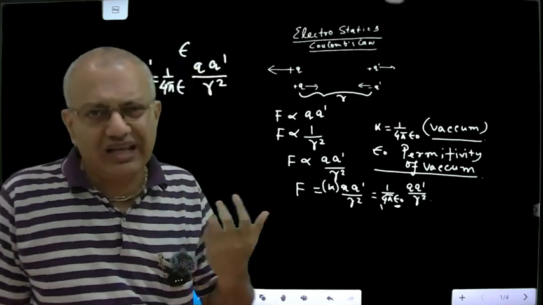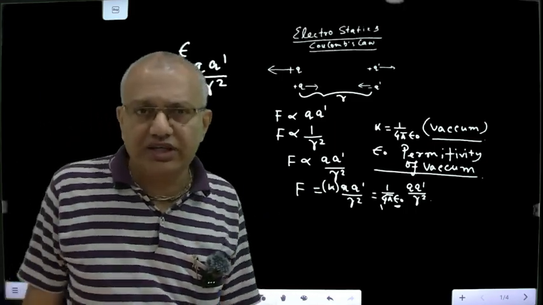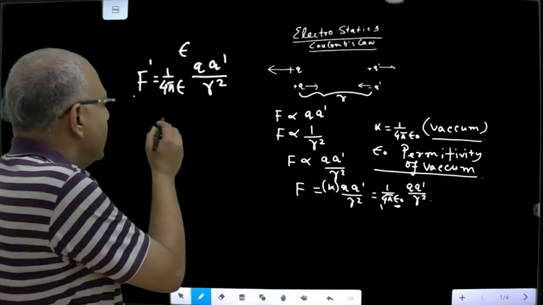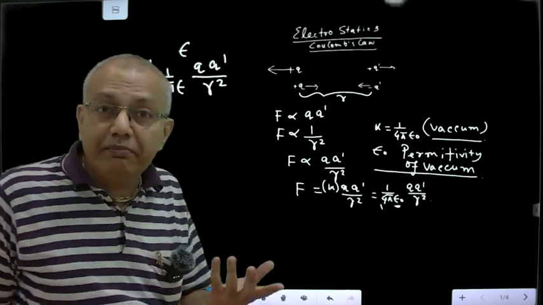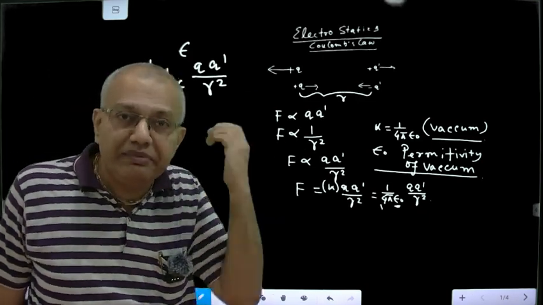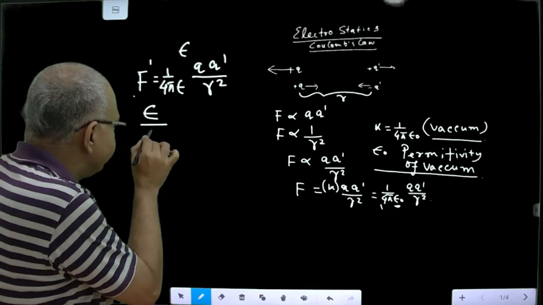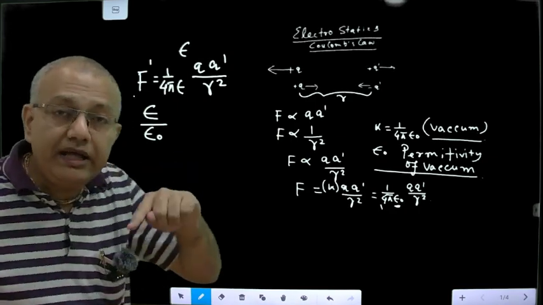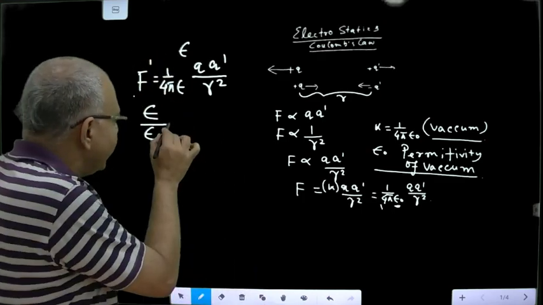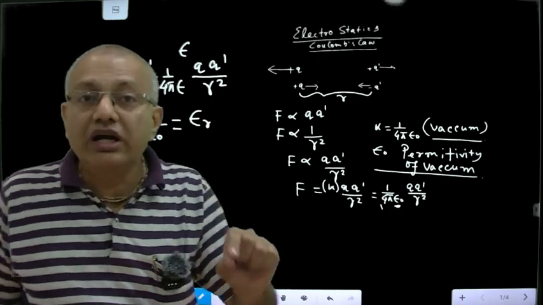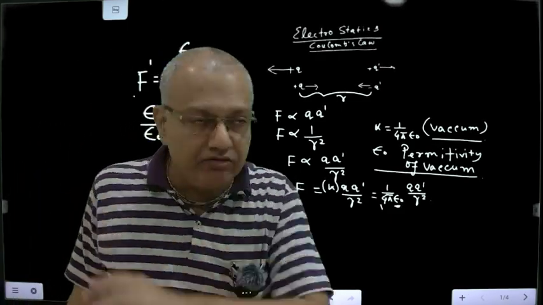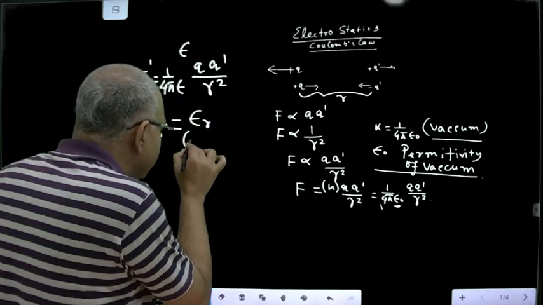So now see, from this expression, we have to take another definition. A CBSE or ICSE question can come from here like this. Epsilon, the permittivity of a particular medium, divided by epsilon naught, the permittivity of vacuum, I'm going to write like this. It is epsilon r. It is called relative permittivity.